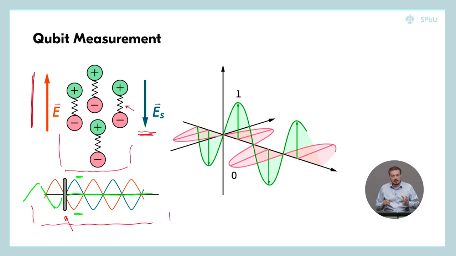So the wave does not pass the crystal if it is oriented along this axis. On the contrary, if you have the wave polarized like this, then it does not cause oscillations of these charged particles, so it does not produce this secondary wave, and the wave easily passes the crystal.